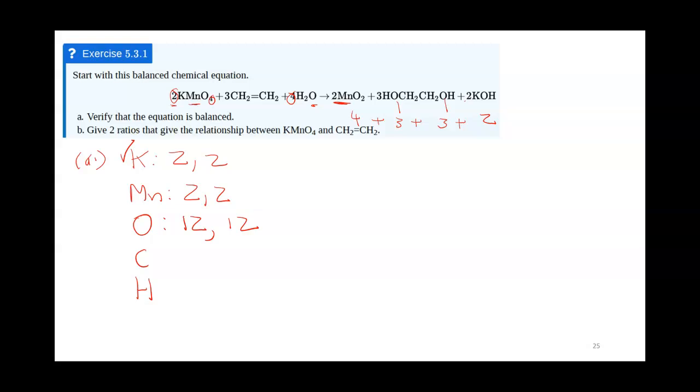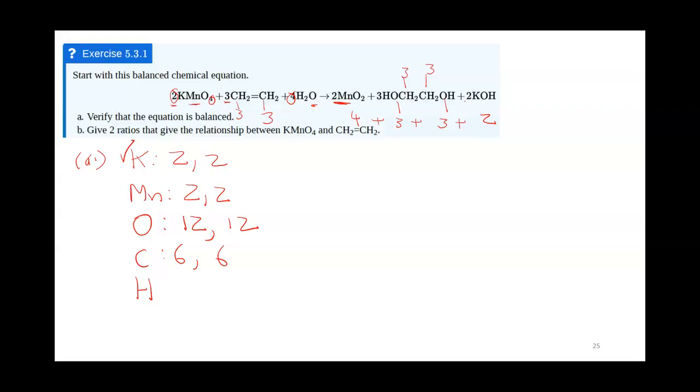Now we're on to carbons. So we've got 3 carbons here, and then we've got another 3 here because we've got a 3 out the front there. And then over on this side, we've got 3 of these guys. So we've got 3 carbons there, then another 3 carbons there. So we have 6 carbons on each side.